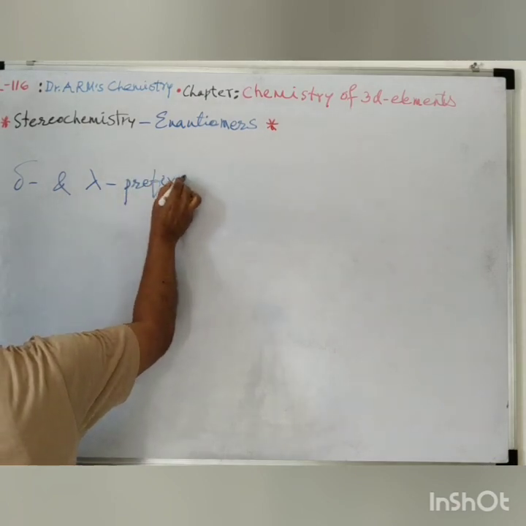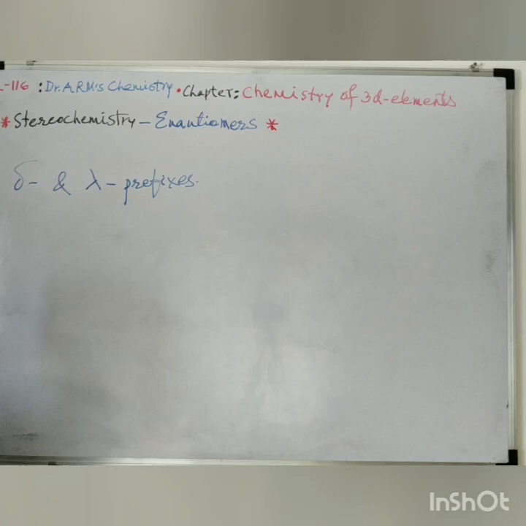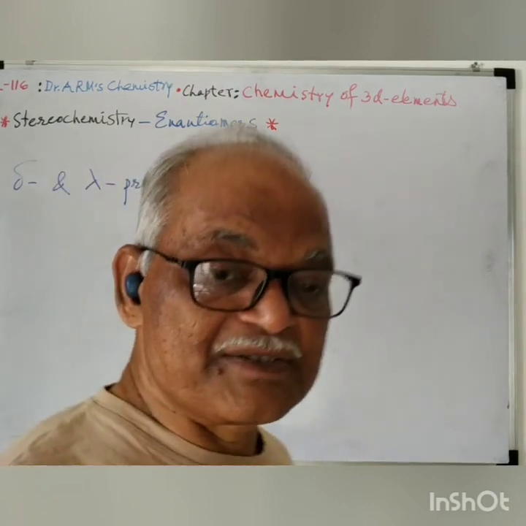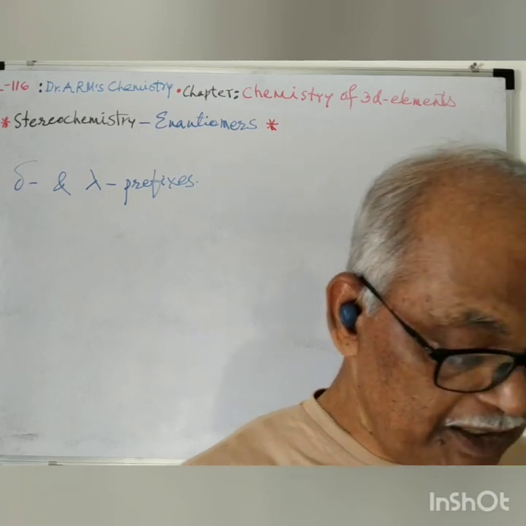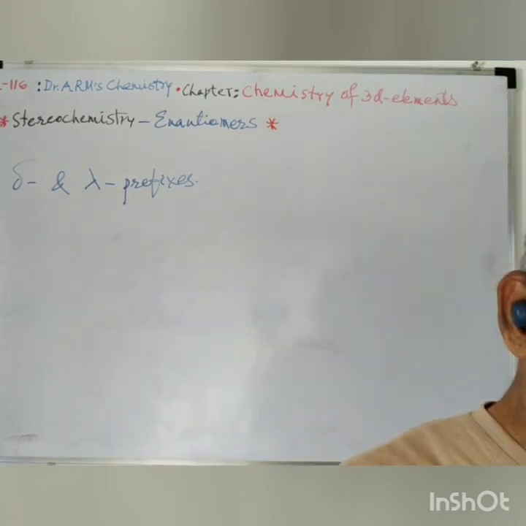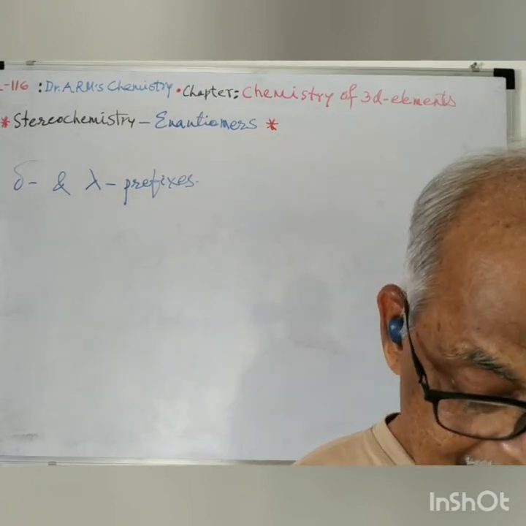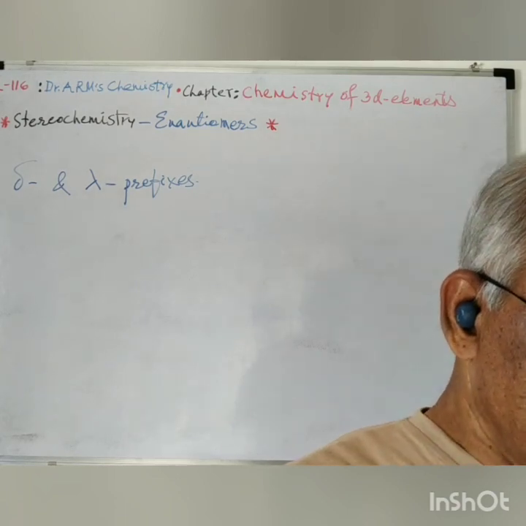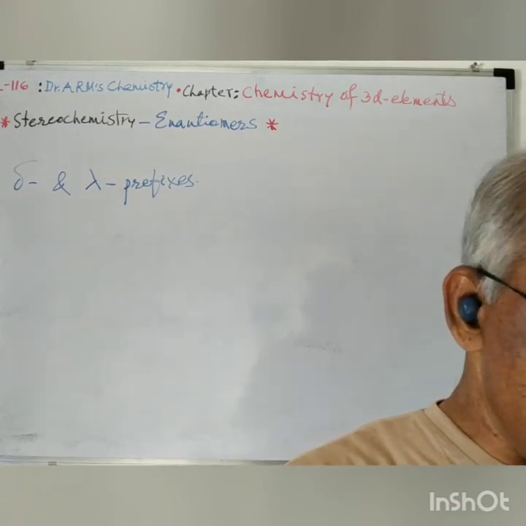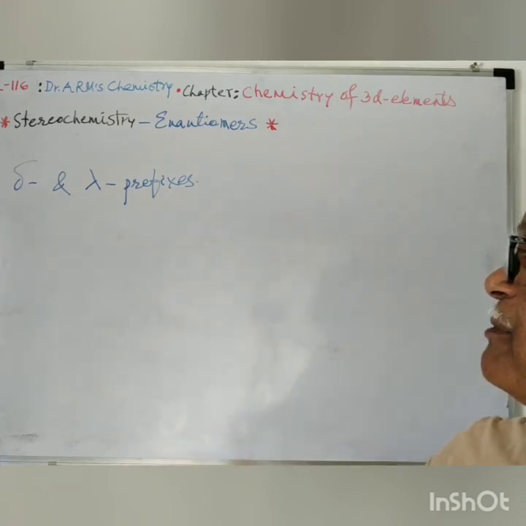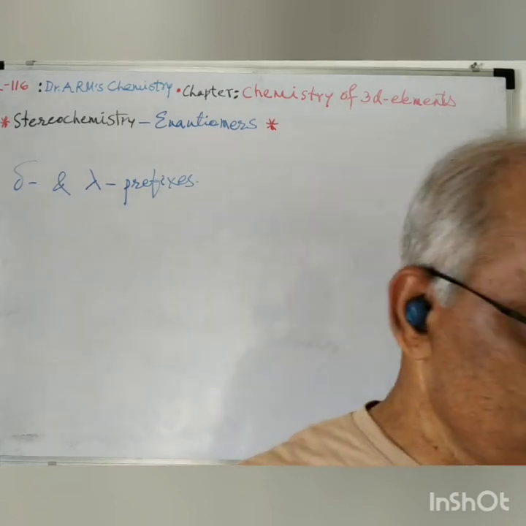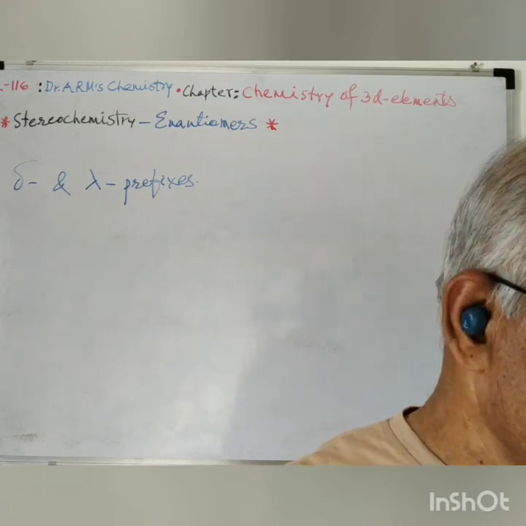So we are using these prefixes in order to distinguish the optical isomers. In case of the complexes which are chelates and the chelating ligands are more complicated, then we are using such type of denomination, or we can say representation of symbols.